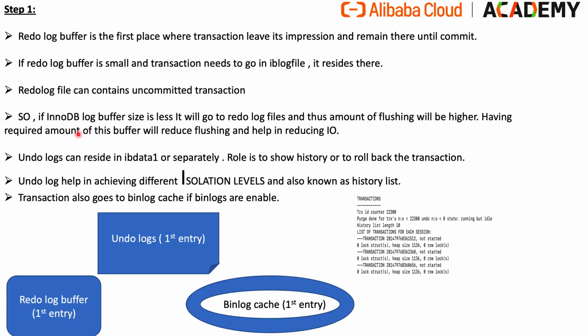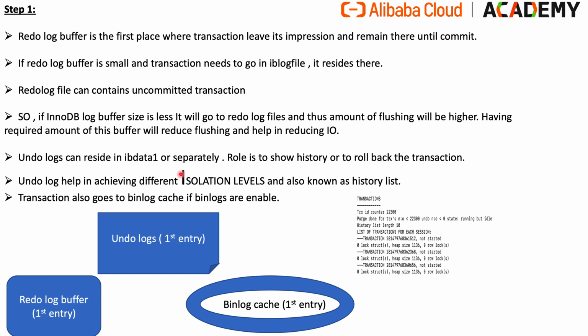As I mentioned here, if the redo log buffer is small and a transaction needs to go into the IB log file, it resides there. So if the InnoDB log buffer size is less, it will go to redo log files, and thus the amount of flushing will be higher. Having the required amount of this buffer will reduce flushing and help in reducing IO.